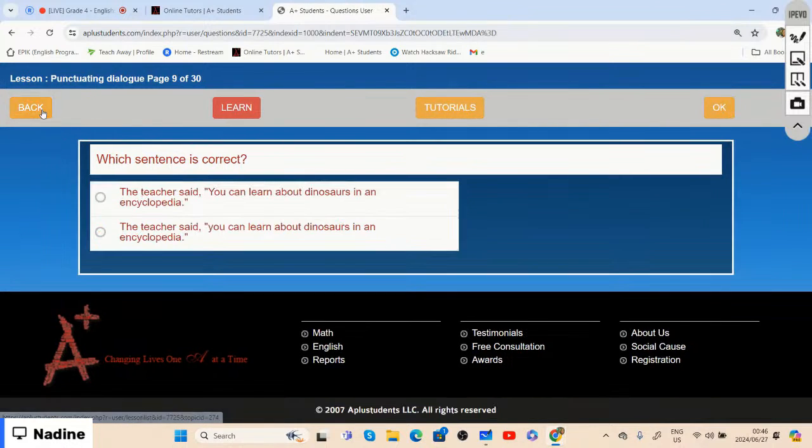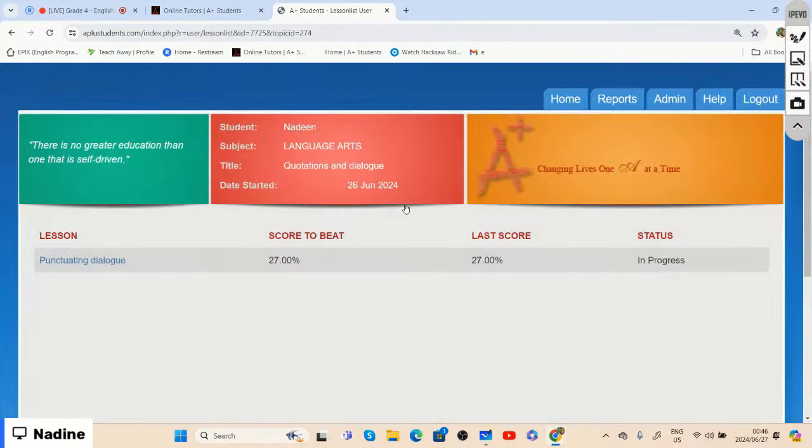All right, so that is now the end of our lesson on quotations and dialogues. Remember, we said a dialogue is a conversation between two or more people, right? And when we want to show a conversation or a dialogue, then it means that we need to write whatever the person said directly. If you want to repeat what the person said directly, then we need to use quotation marks.